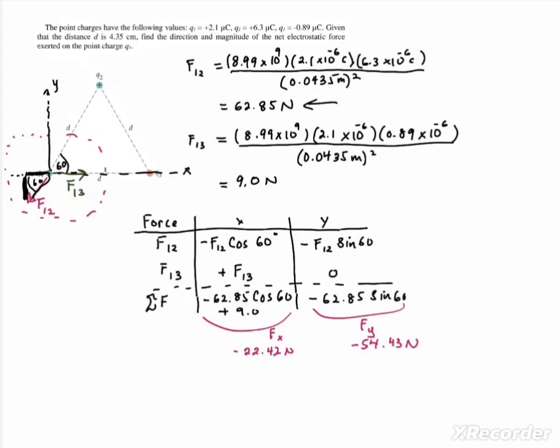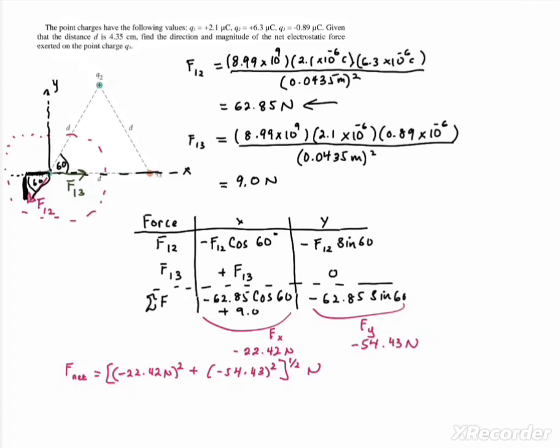And then what we can find out is the net force. So F net would be the x component squared plus the y component squared, and take the square root of it, from the Pythagorean theorem. So what we have is negative 22.42 squared plus negative 54.43 squared, and you take the square root of this entire thing, and that is in newtons.